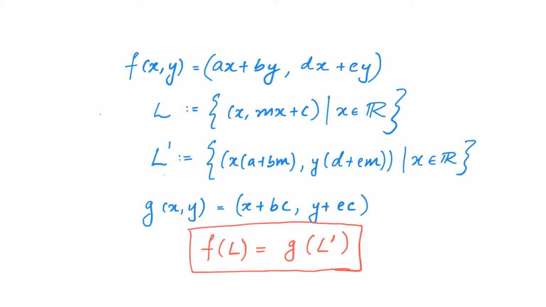And we already proved that L' is a line or a point, and g takes lines to lines and points to points. Therefore, g of L' is either a line or a point. And thus, we have shown that functions of the form f(x, y) equal to (ax + by, dx + ey) take lines of the form y equal to mx + c to lines or points.